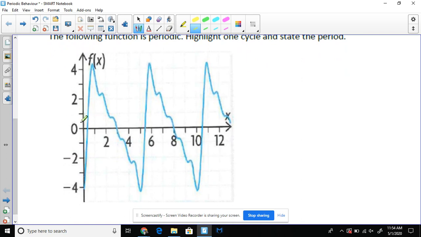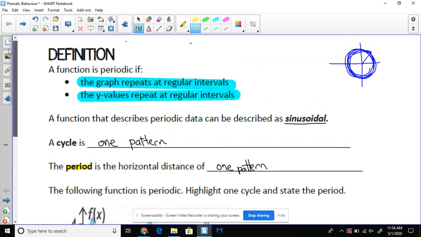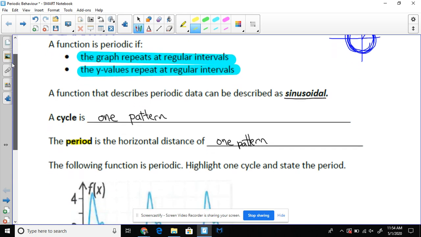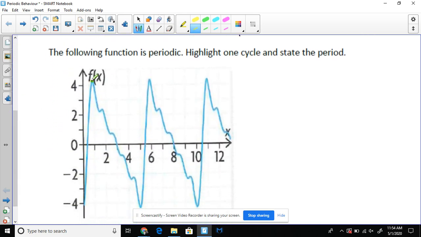So if I look here, obviously if we look at how we define a function, a graph repeats at regular intervals and the y values repeat at regular intervals. So yeah, the y values repeat here, here, and here. It's not going bigger or smaller. And then same thing down there, right? The y values are repeating.